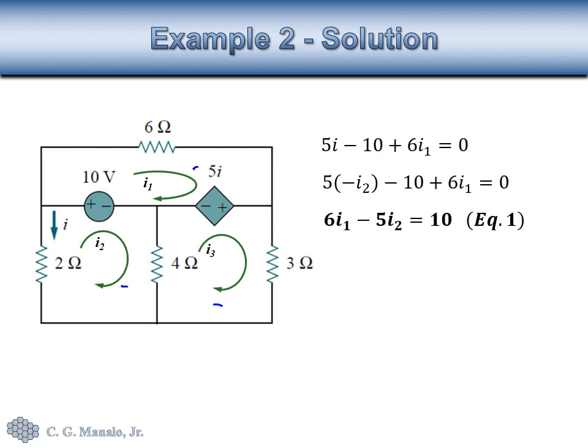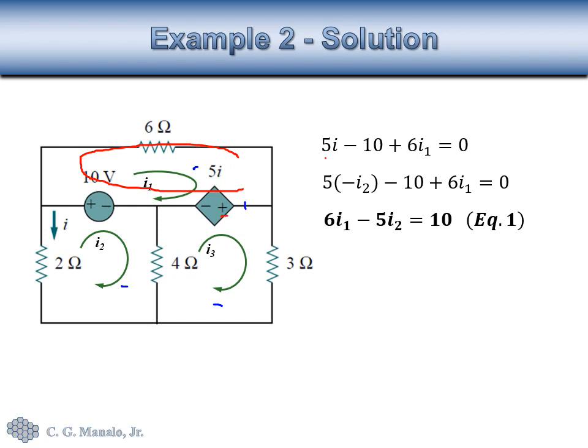Next, we can write the KVL equation for loop 1. So we start here. We go around clockwise, in this direction, same as the direction of current I sub 1. So we have plus 5I.